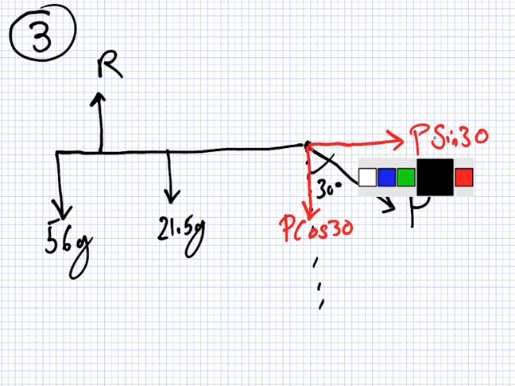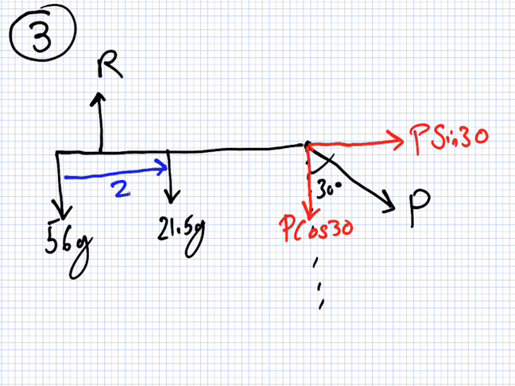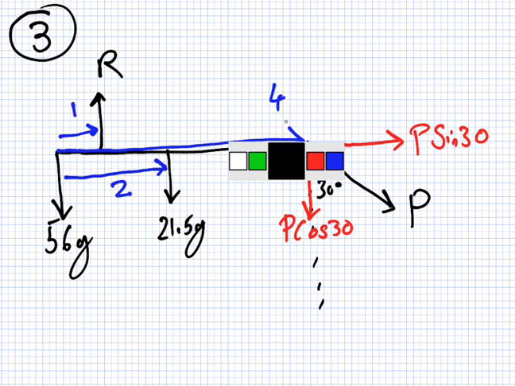Okay, now do we have distances? Let's see. It's 4 meters long, so that means here to here in the middle is 2. This here to here is 1, and then the full length is 4. So here all the way to here, that's 4 meters. Okay?